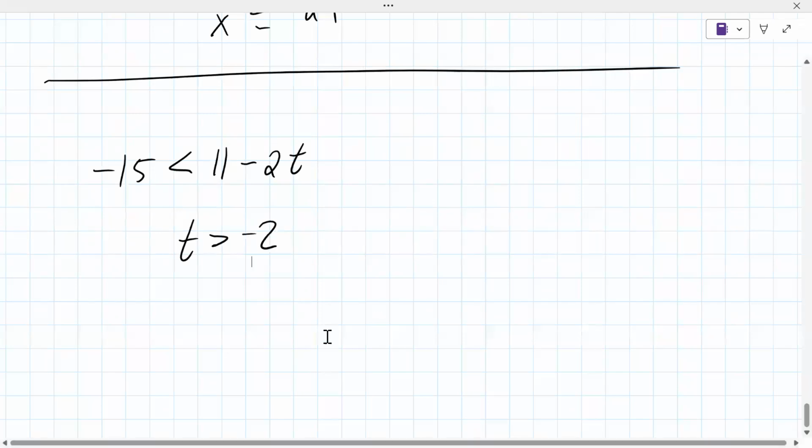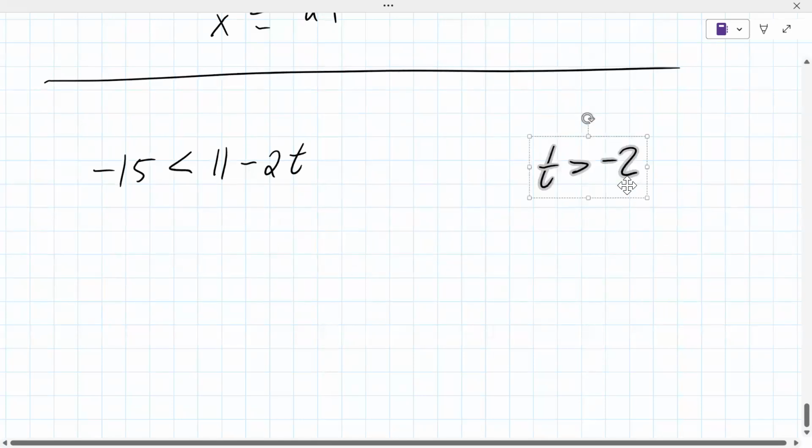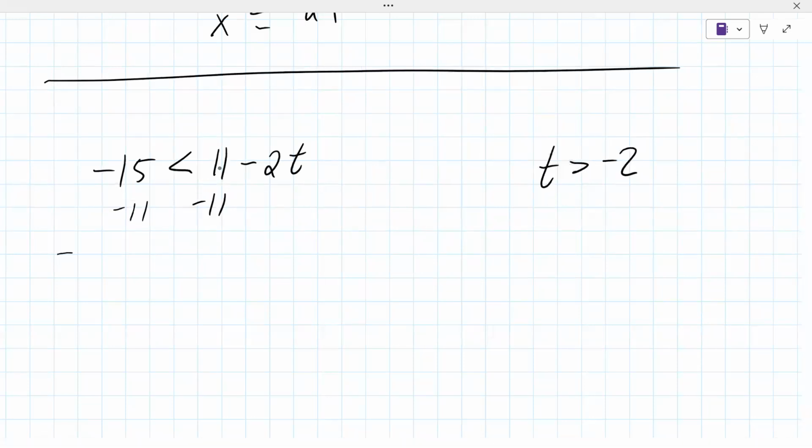Like this. So what did you do first? There's some sort of an issue here. Did you undo the 11? So subtracting 11 from both sides. They're the same sign, so it'd be -26.